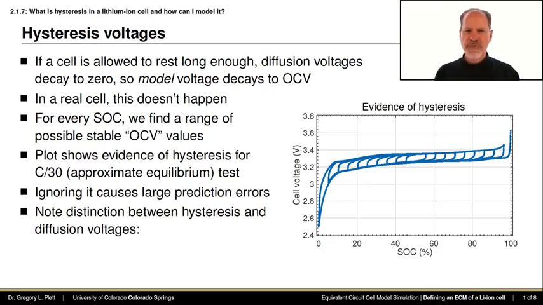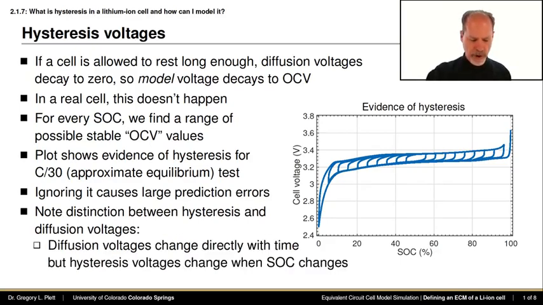But the hysteresis voltage does not change at all if the cell is allowed to rest. A hysteresis voltage changes only when state of charge changes. And you can see that in this plot because the bottom axis of the plot is state of charge. It's not time. So the direct change in hysteresis is due to a change in state of charge, not due to any direct change in time. So two very different phenomena, which is why we need different equations to describe how these two different phenomena work.